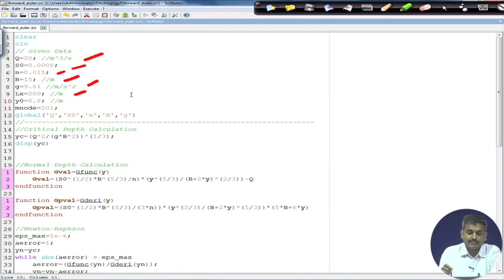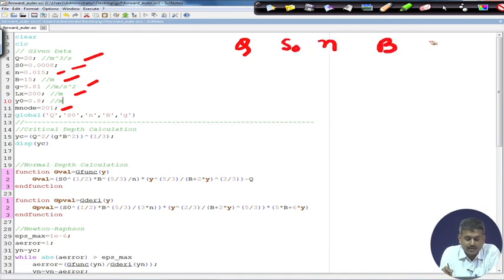Now, to solve this problem, we have Q, S naught, n, B, g, these parameters available for flow in a rectangular channel.